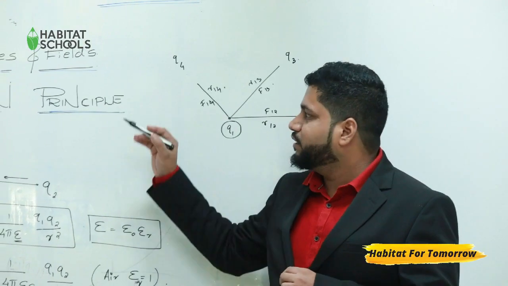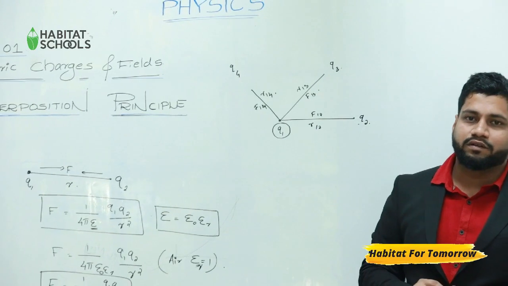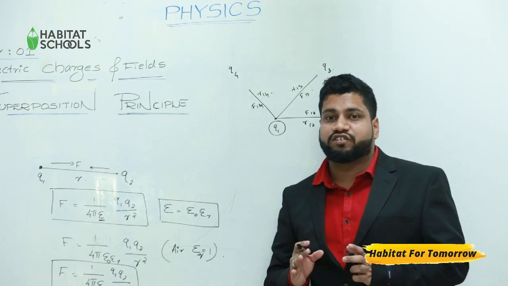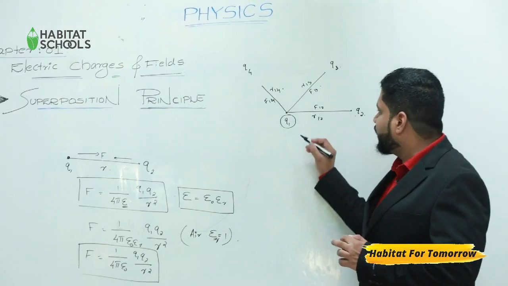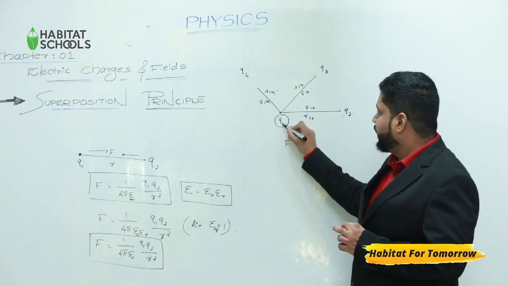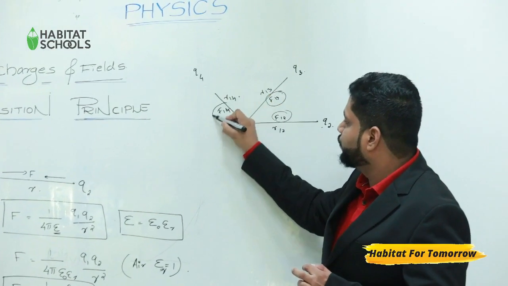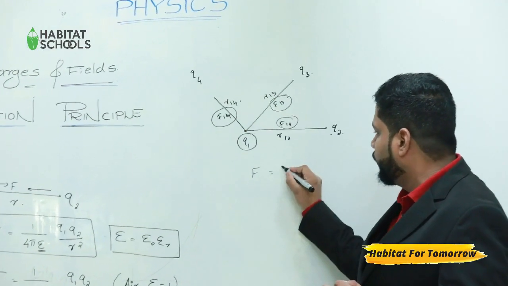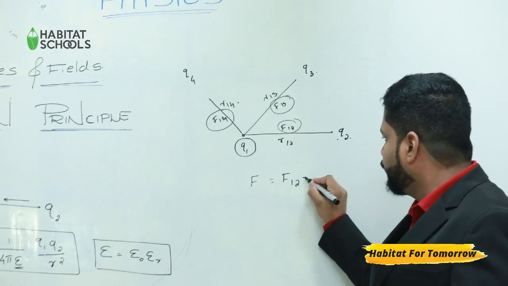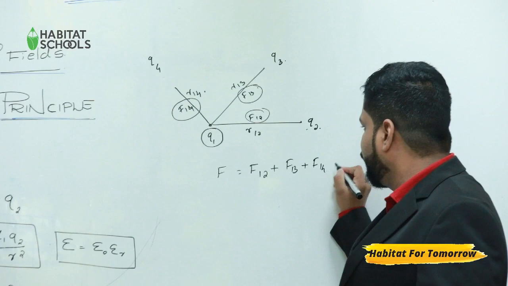So we use one principle that is called the superposition principle. According to the superposition principle, the total electrostatic force on any one of the charges is equal to the sum of the individual forces, that is F is equal to F12 plus F13 plus F14.